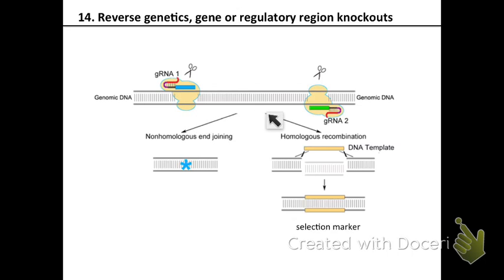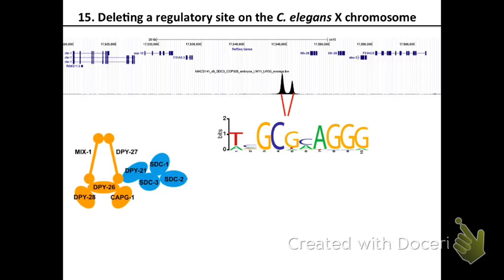And so it introduces a cut, and you can let it just repair itself and hope for some mutations or screen for some mutations, or you can make sure that you have a DNA template that can be used for homologous recombination, in which you can introduce a selection marker, another gene next to a selection marker, etc. Very similar to what you guys learned in mouse genetics, but you just use Cas9 as the tool to introduce the double strand break.